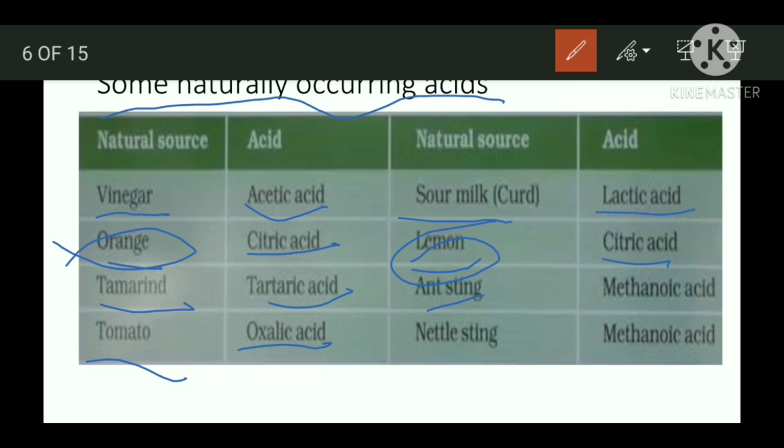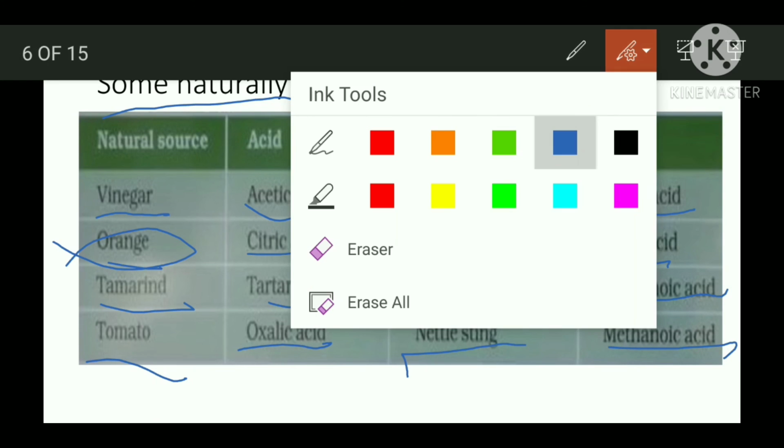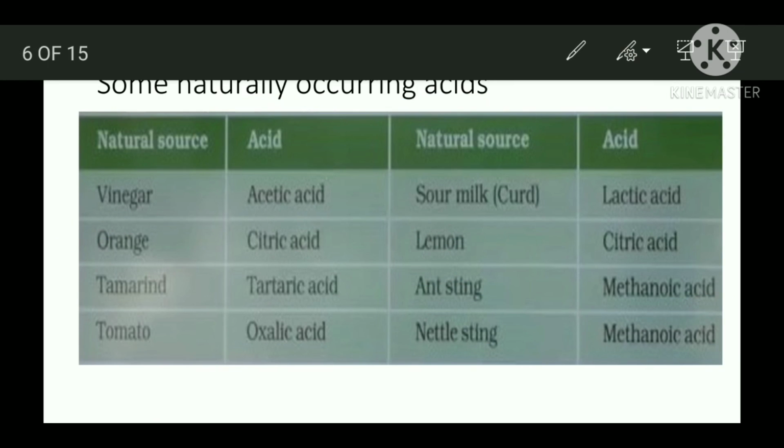And ant sting also contains methanoic acid. Nettle sting also contains methanoic acid. And apple contains malic acid and grapes contain tartaric acid, etc. There are so many naturally occurring acids.